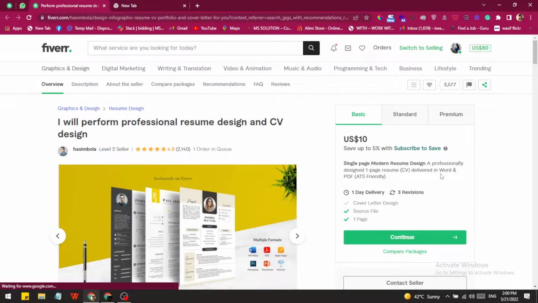Another package is standard, in which they will charge $15, and the other package is premium, and it will charge $25. So guys, you can read these descriptions of what they will do in this.